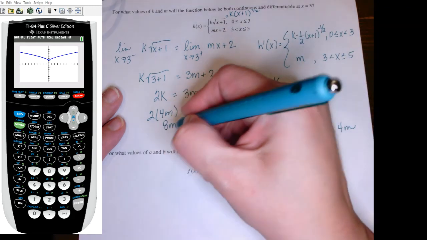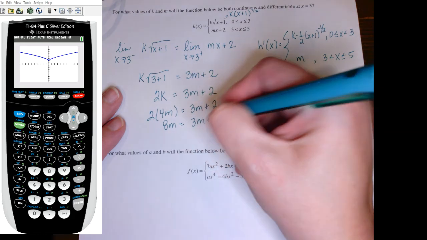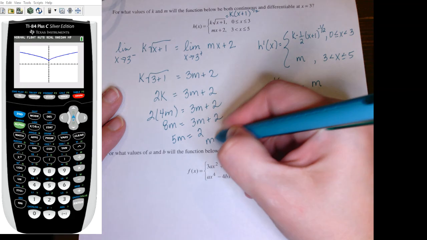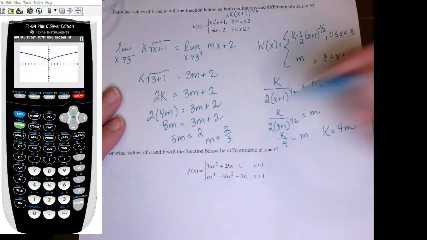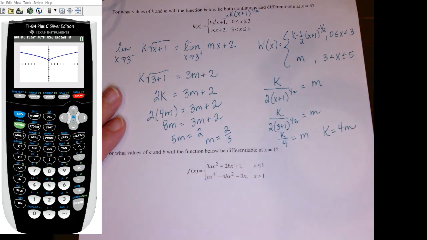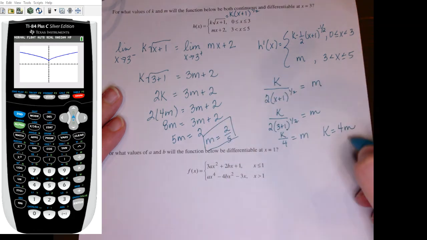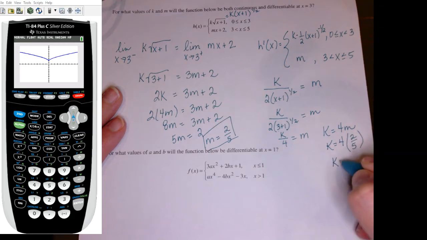Because now I have 8m equals 3m plus 2, which is 5m equals 2, and m equals 2/5. That tells me the value for m that I need. And then I can come over here to k, and I can sub in 2/5 for m, and I know that k has to be 8/5.